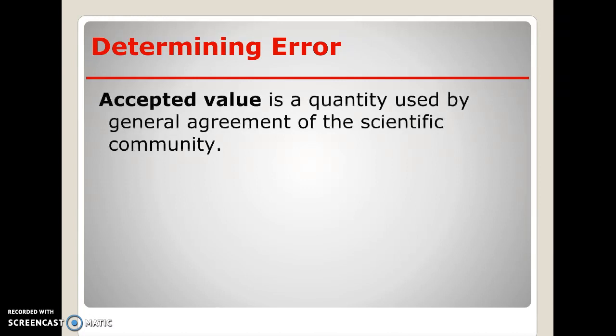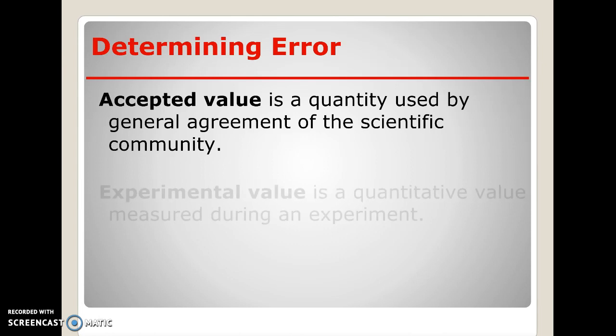Now, the way that we determine accuracy is by determining error. So, like I said, you have the accepted value or the standard value, and that is like the general agreed upon value in the scientific community. So, if I have a pre-measured weight and it is 500 grams, then that is the standard.